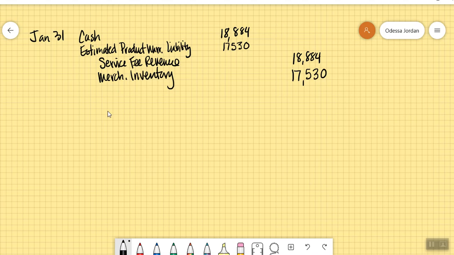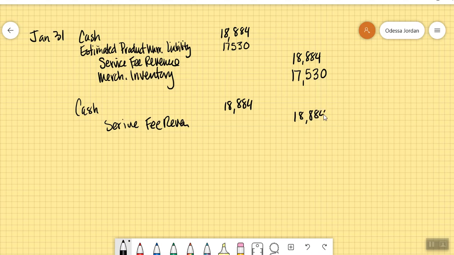Remember we call this a compound entry. Actually we would probably break this out to where we would see it as cash and then service fee revenue. That's really how it should have been. They put it together as one, so it'll just show you in two different ways.